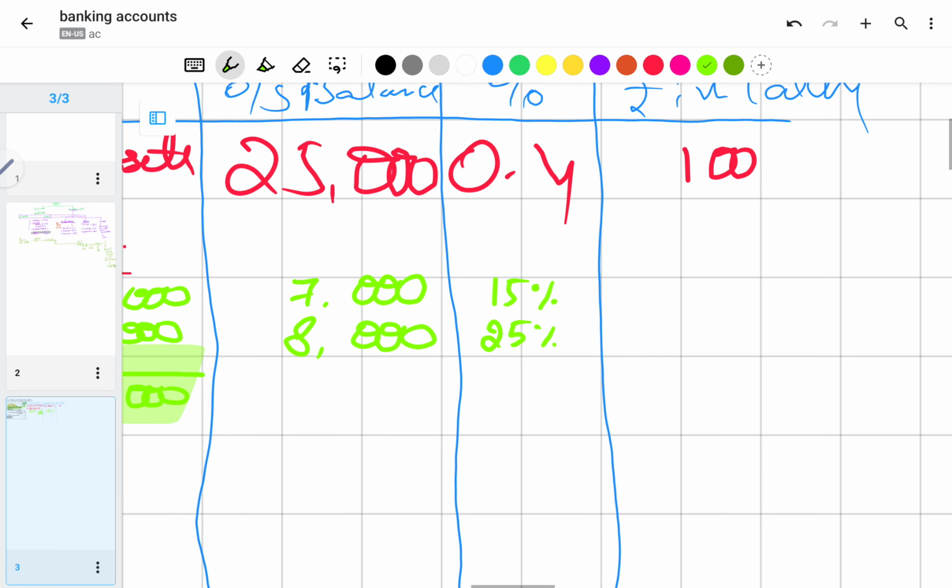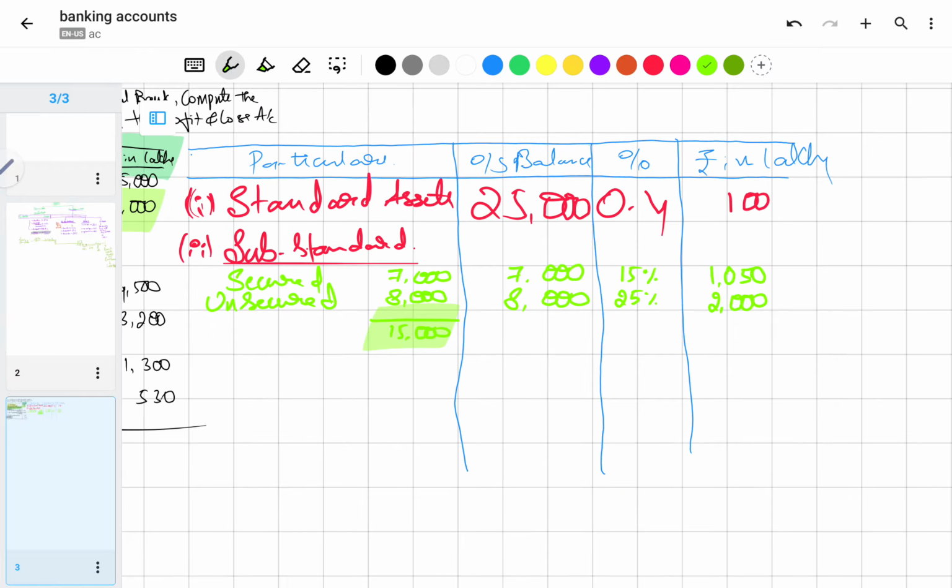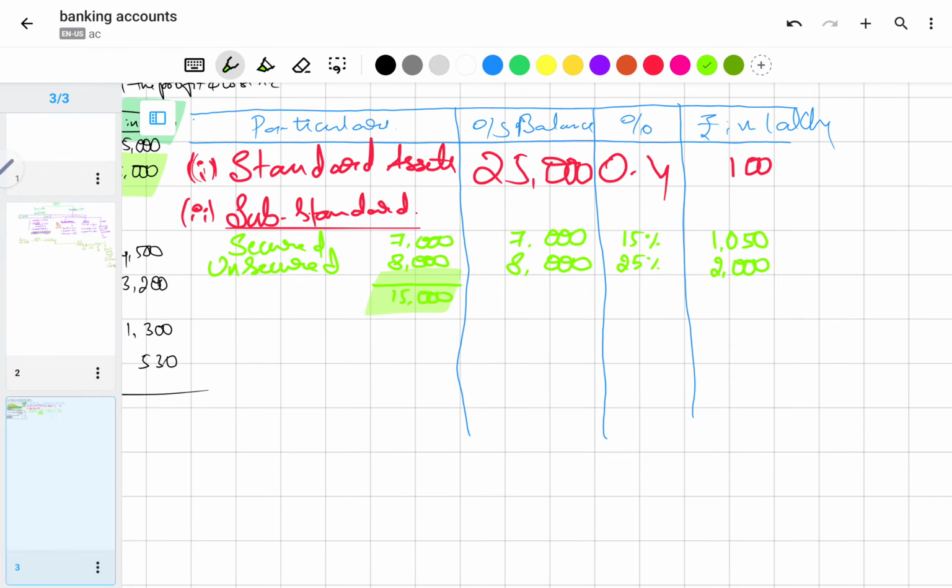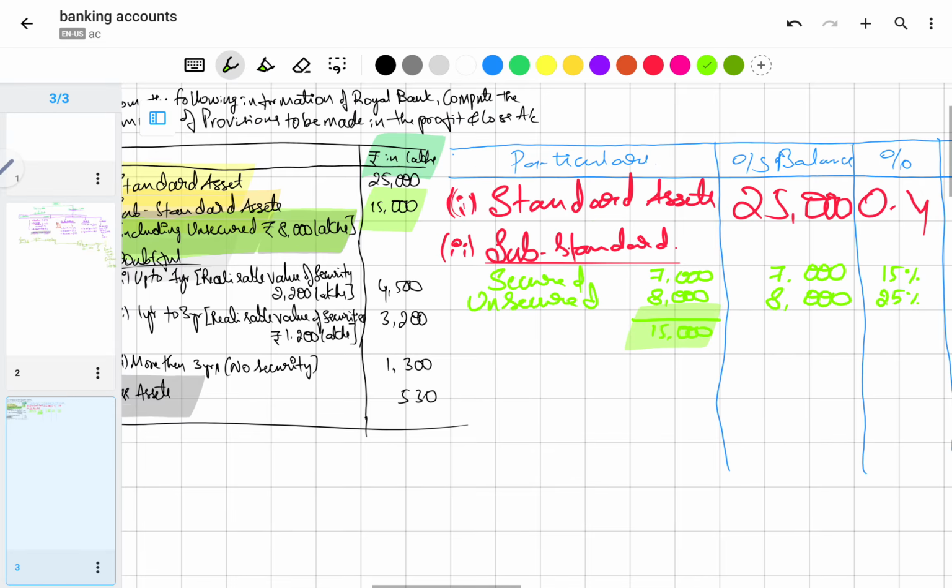Now 7,000 into 15 percentage amounts to 1,050. 8,000 into 25%, which is the unsecured portion, is 2,000. This is how we need to calculate for substandard.